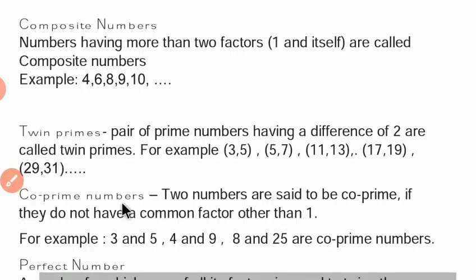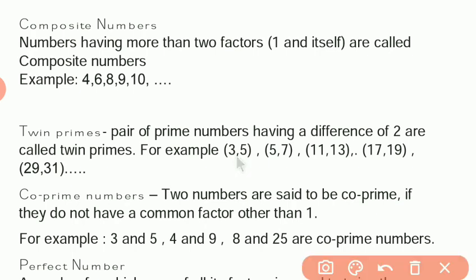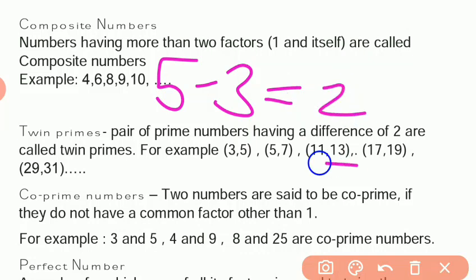Now twin primes. Twin primes means a pair of prime numbers having a difference of 2. Prime means the number which has factors only 1 and itself. So twin primes have a difference of 2. It means if we subtract the two numbers from each other, we should get the answer 2. First example, 3, 5: 5 minus 3 is 2.